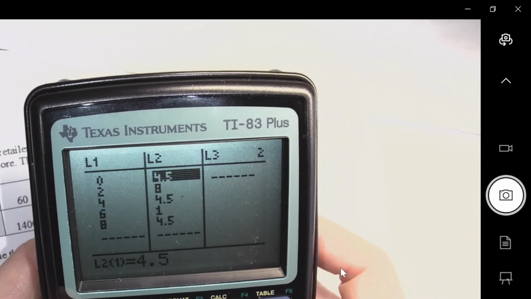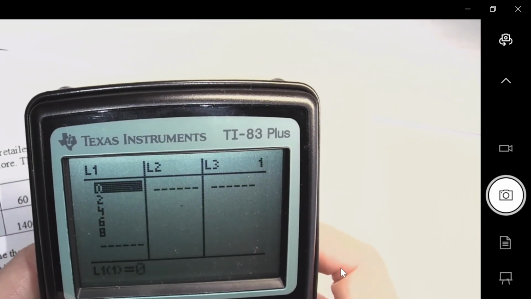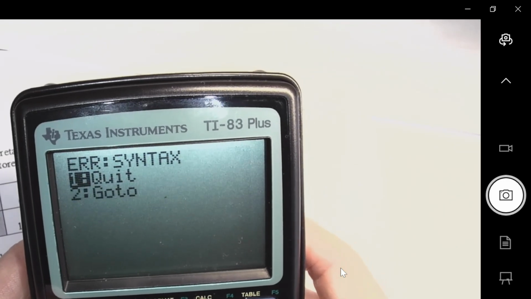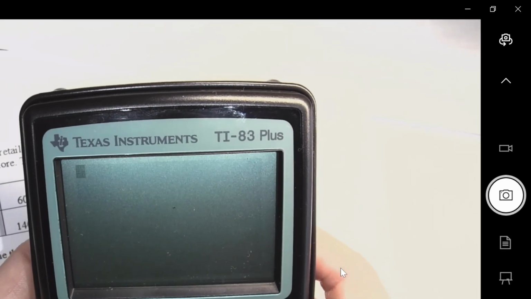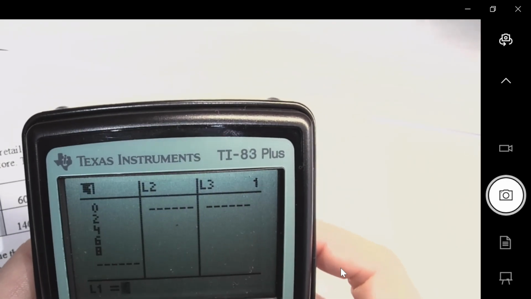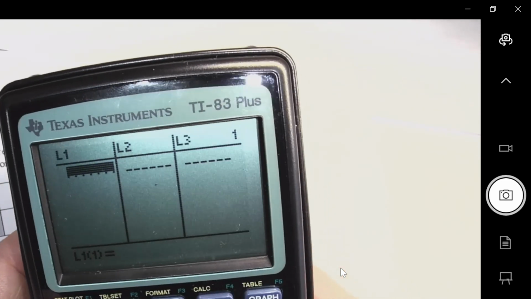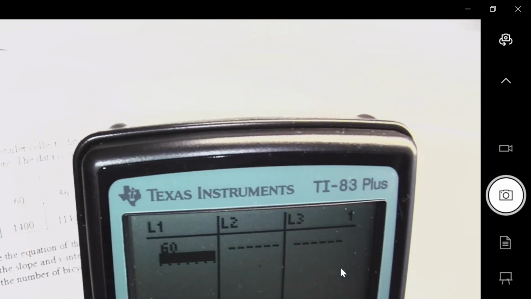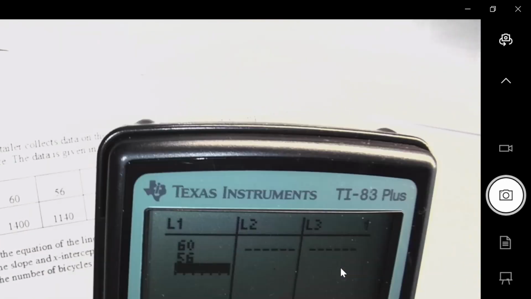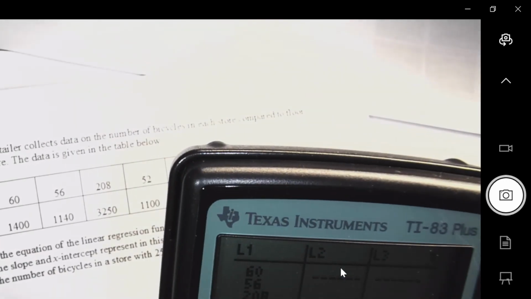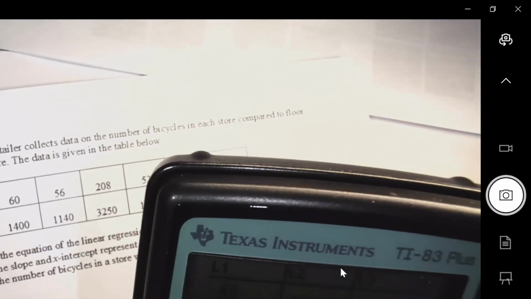You got your L1 and L2, so up, clear. Up, clear, down. We're good? Okay, ready. I'm going to put all these into my x.